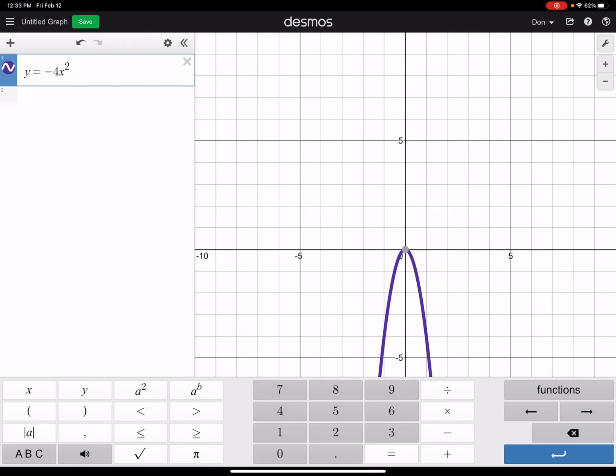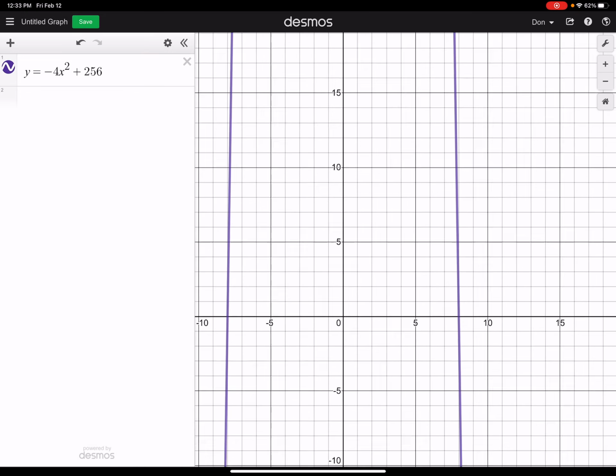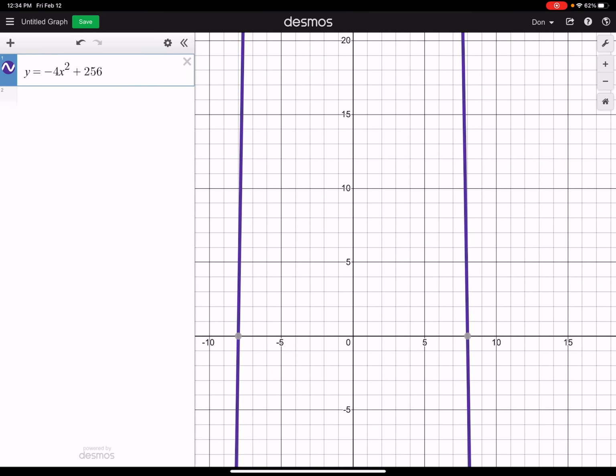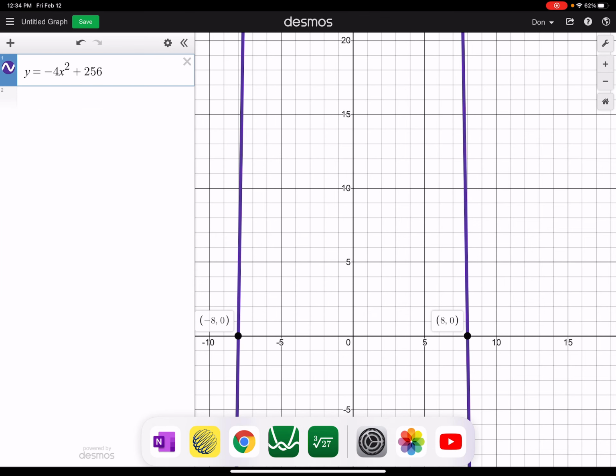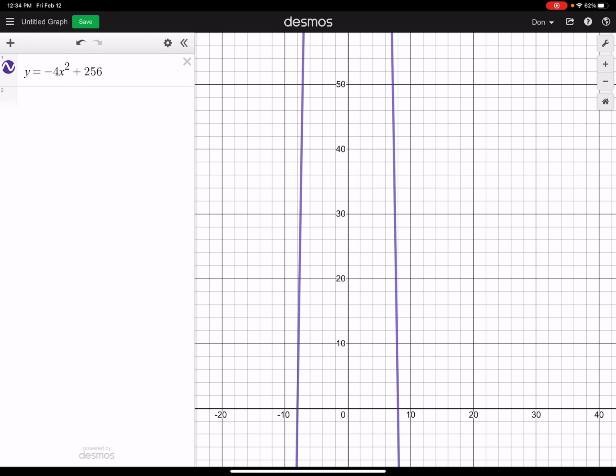So I want values that are going to be above 0. So anything between negative 8 and positive 8 are going to work. That's going to give me, as you can see, y values that are above 0.